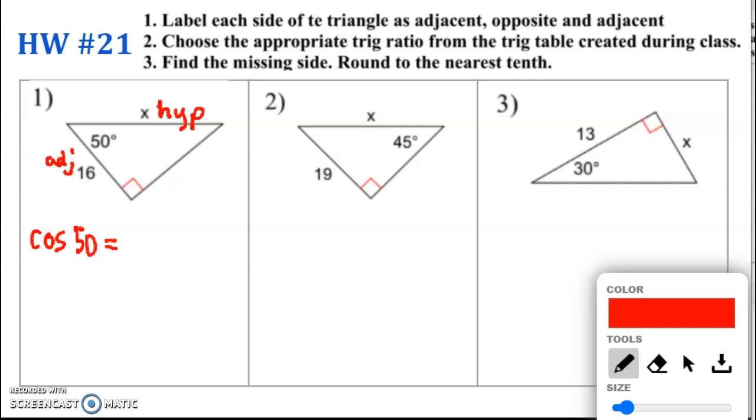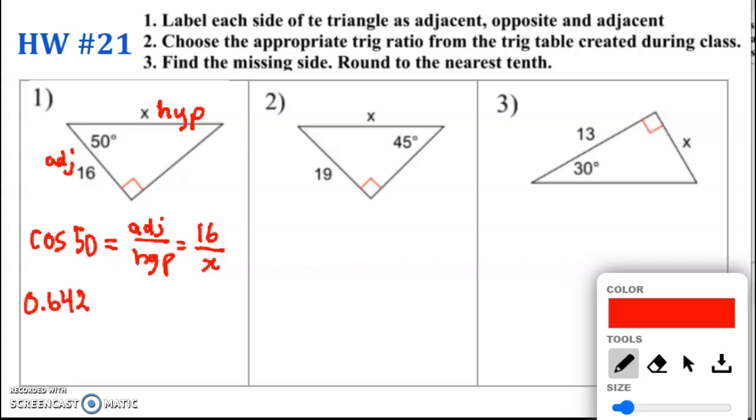It's going to be SOHCAHTOA, adjacent over hypotenuse, and adjacent is the 16 over x. And we know that cosine of 50, what is cosine of 50? I am going to tell you what it is. It's 0.642.